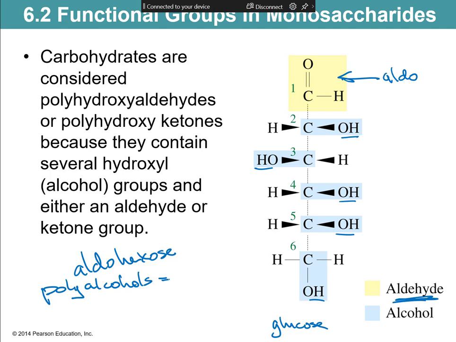These polyalcohols add to the polar nature of the molecule. Even though it's bigger than a little molecule like water, it's still able to dissolve in water because of all those distributed alcohol groups along the chain.